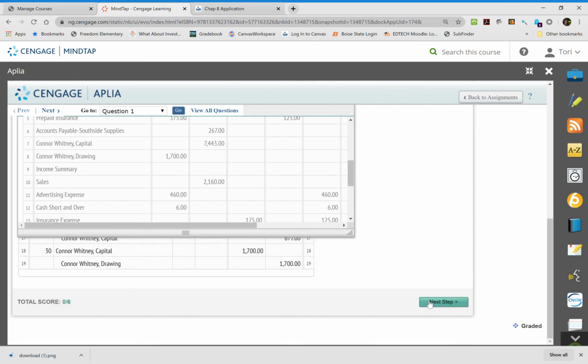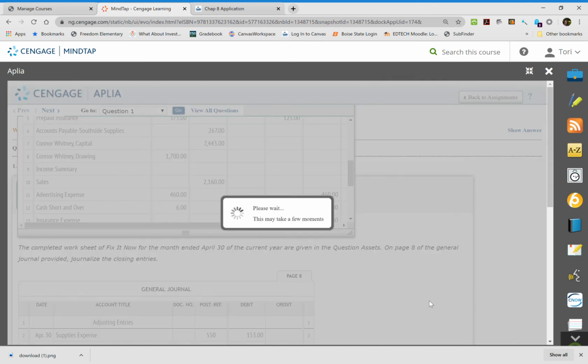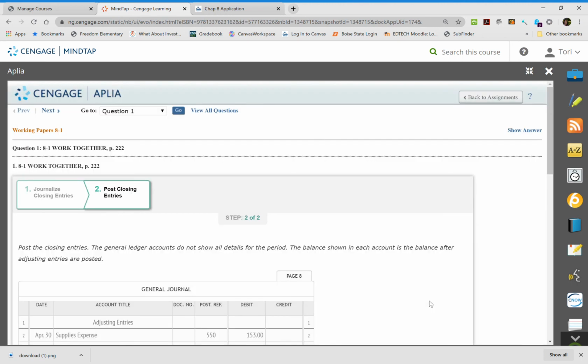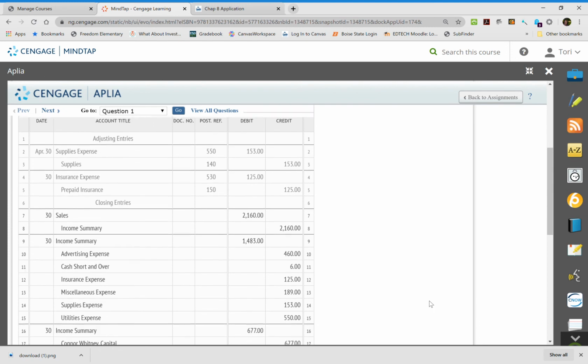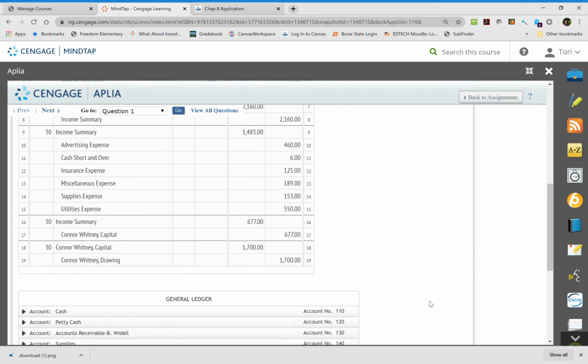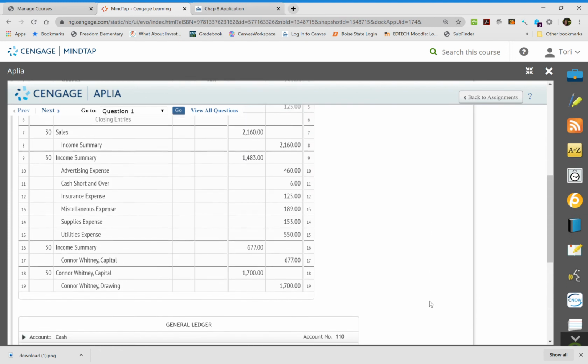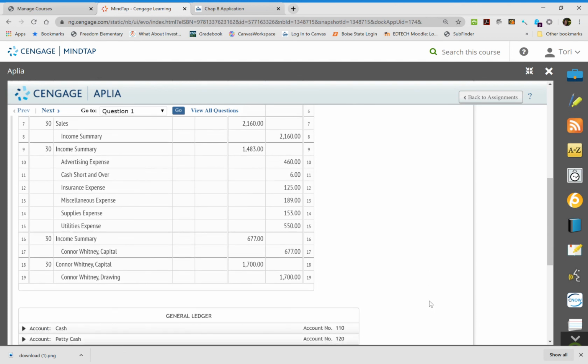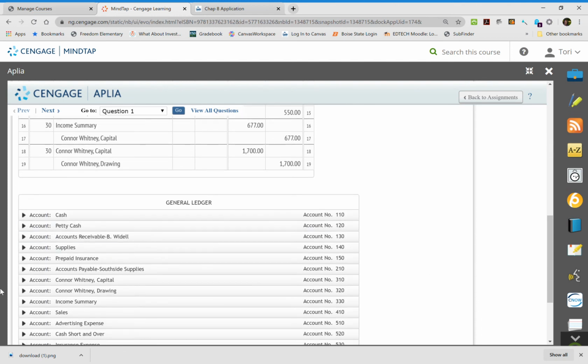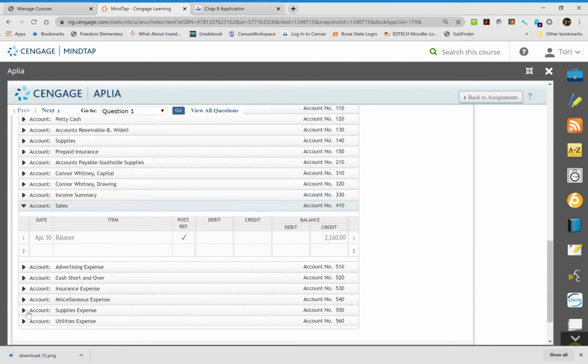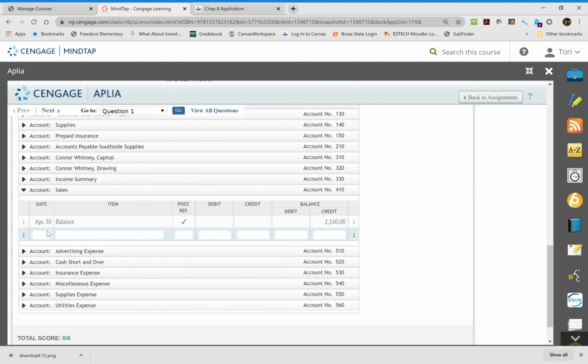The next step should be pretty easy in the fact that we've done it in chapter 4, and what we will be doing is posting this. So we're going to go to each general journal, and I'm not going to do all these with you, but I will show you. We'll go to Sales and open up our Sales account. We'll put in the last day of the month, which is the 30th.